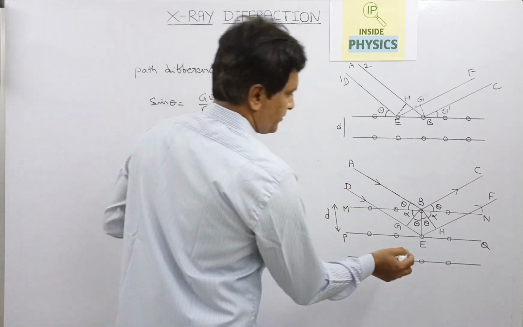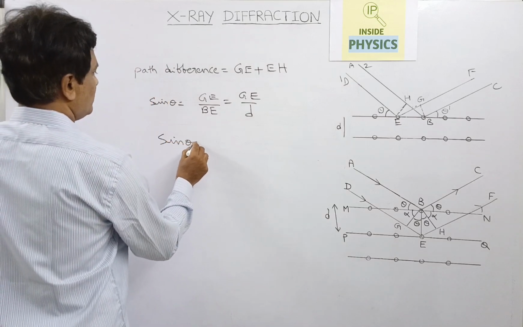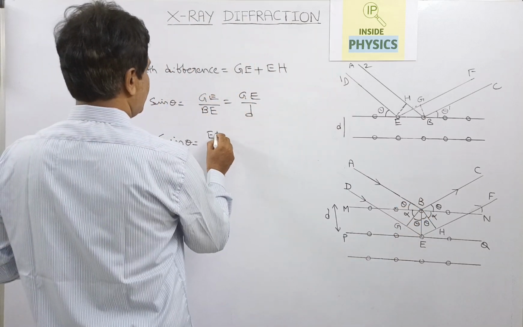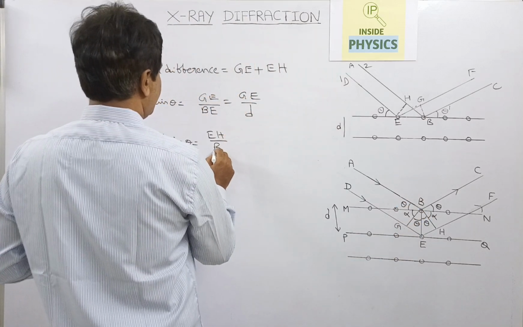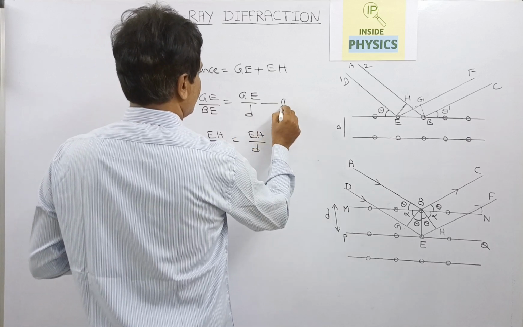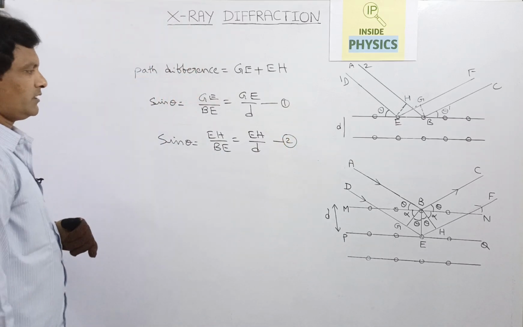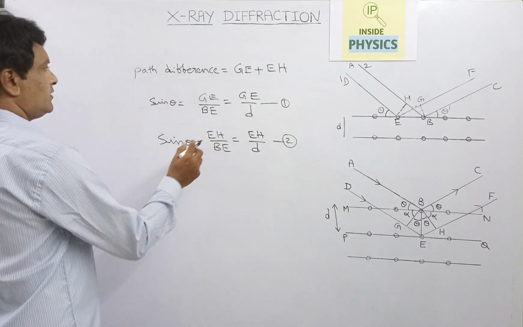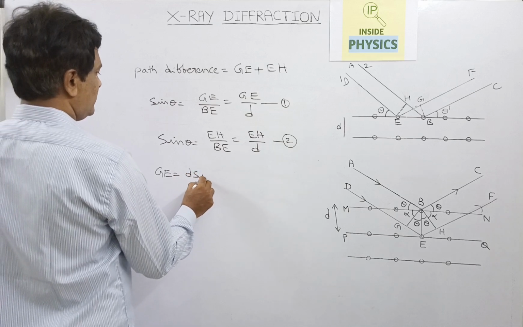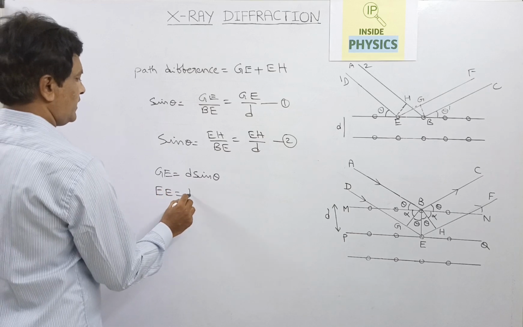In the same way, from the triangle EBH, sine theta is equal to the opposite side EH by the hypotenuse BE. That means it is EH by d. Equation 1, equation 2. Just observe the equations. From equation 1 we can write GE is equal to d sin theta, and EH is also equal to d sin theta.